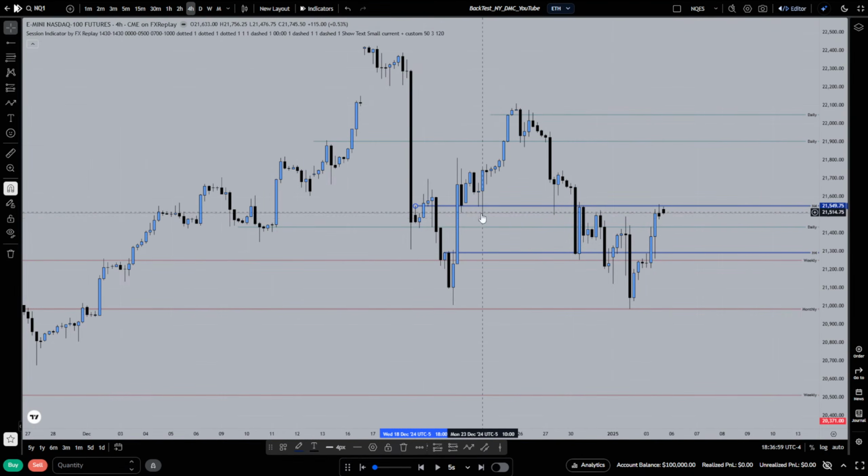Now this swing is now getting broken here. This gets retested. And then later when we close below it, we retest it again. So these are the levels that have been used.